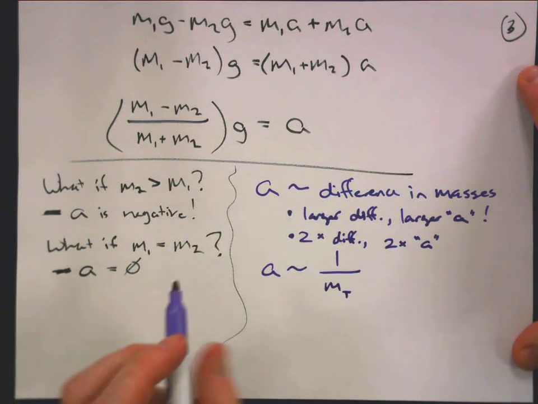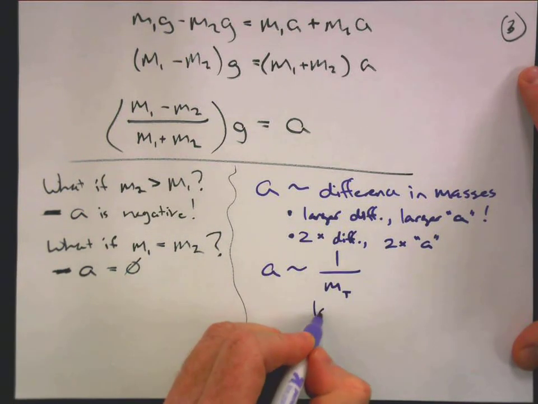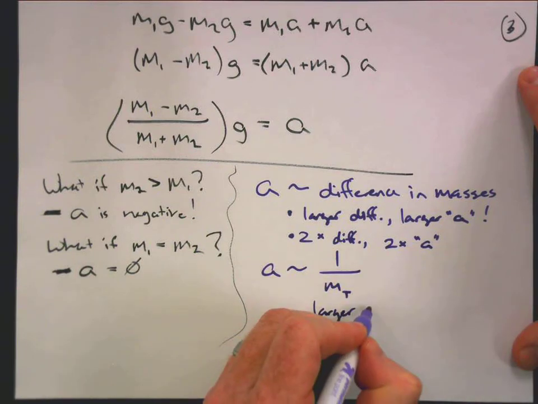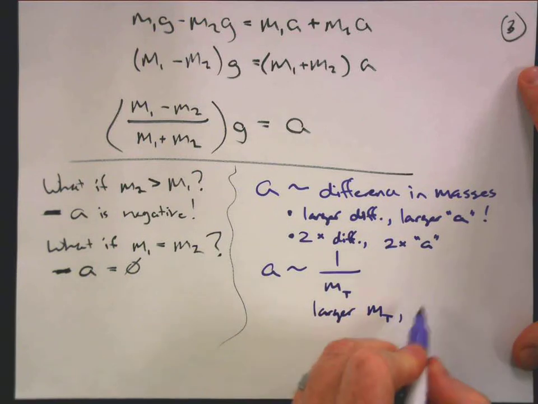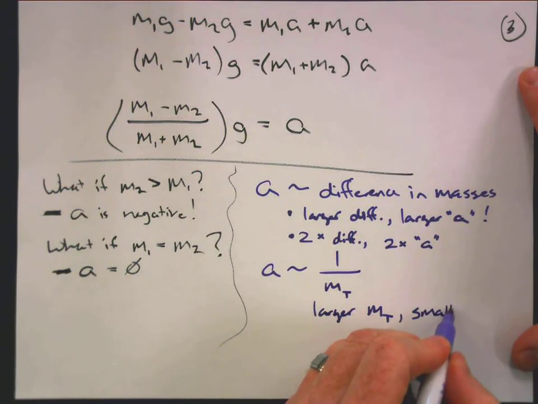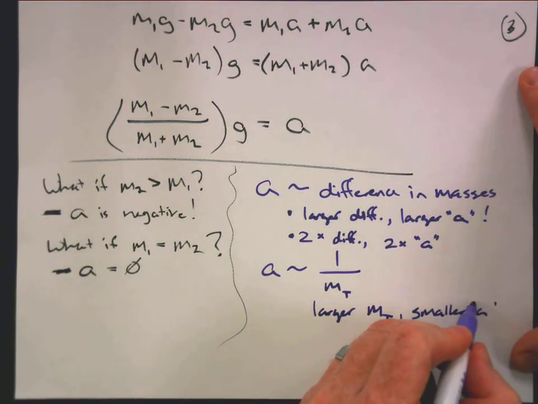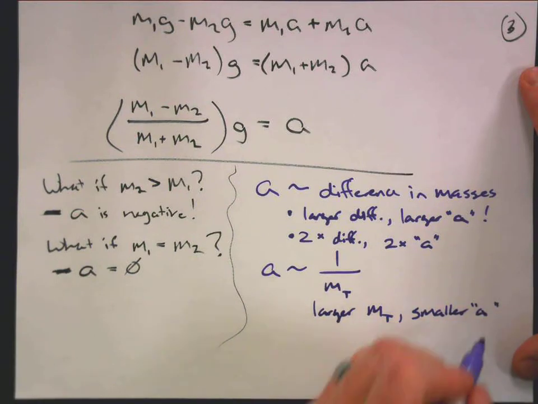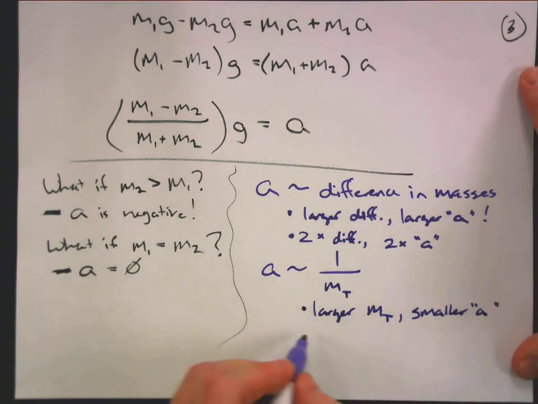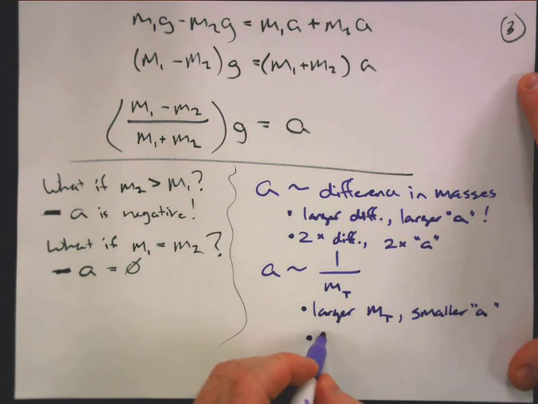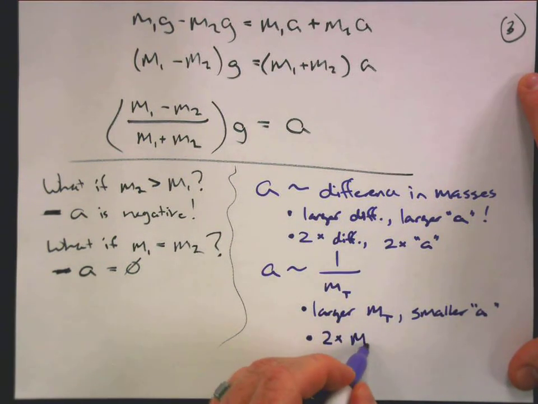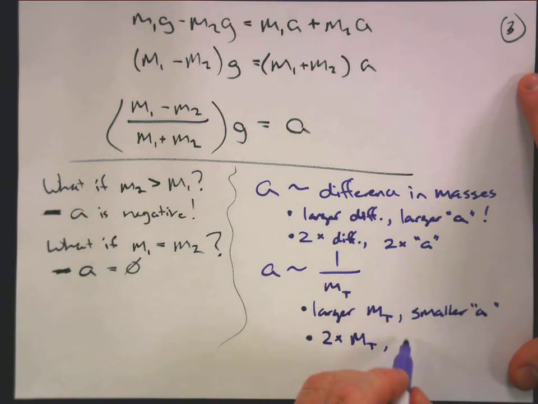Okay, and now what does that imply? Larger total mass. Well, how does that affect your acceleration? You get a smaller acceleration. Smaller acceleration. You could even quantify it a little bit more. You could say, well, what if you have 2 times the total mass? Then your acceleration is half as large.